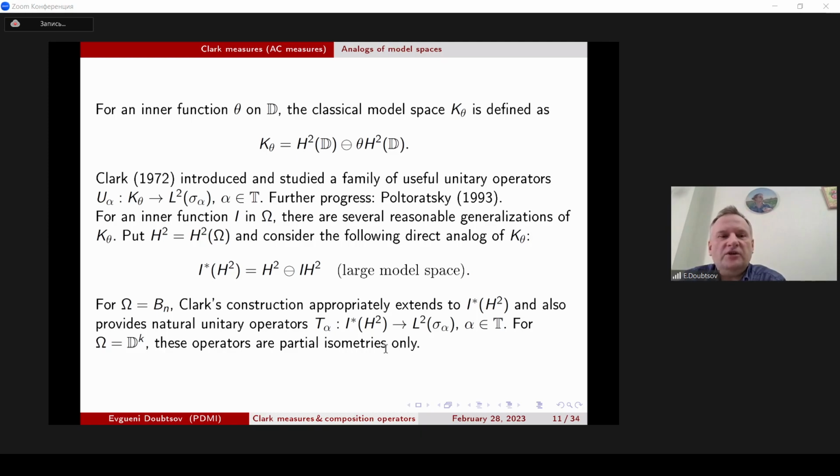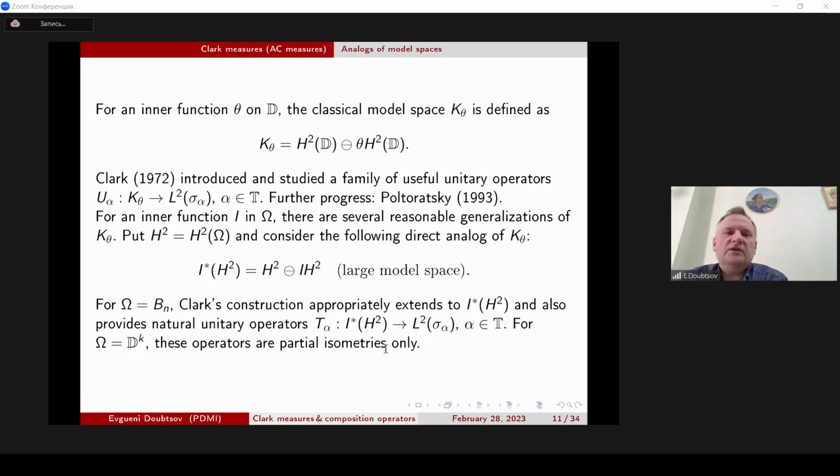Each function in K theta does have radial, even non-tangential boundary limits, sigma alpha almost everywhere, and this unitary operator it's possible to define just as the operator of taking boundary values, and in this case, it's clear that this is a unitary one, and it explains that this is the most natural one.